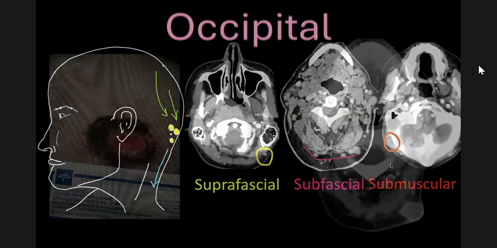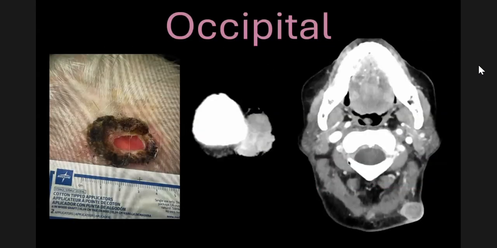And here's an example. Here this person has a fungating scalp mass, and you see these enlarged occipital lymph nodes. Here we have a suprafascial enlarged occipital lymph node with extranodal extension that is also involving the subcutaneous tissue and the skin.